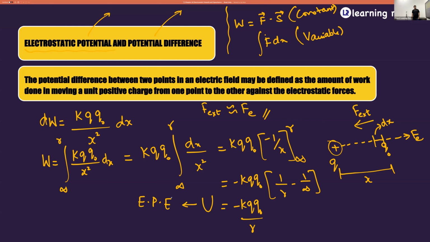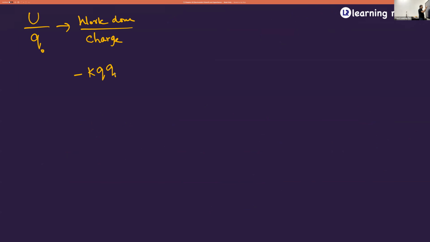Now, listen to this. I'll give you time to copy. If I calculate the electrostatic potential energy and divide it by Q naught, you get work done per unit charge, because potential energy is work done. So this will be minus KQ Q naught divided by r, the whole divided by Q naught.